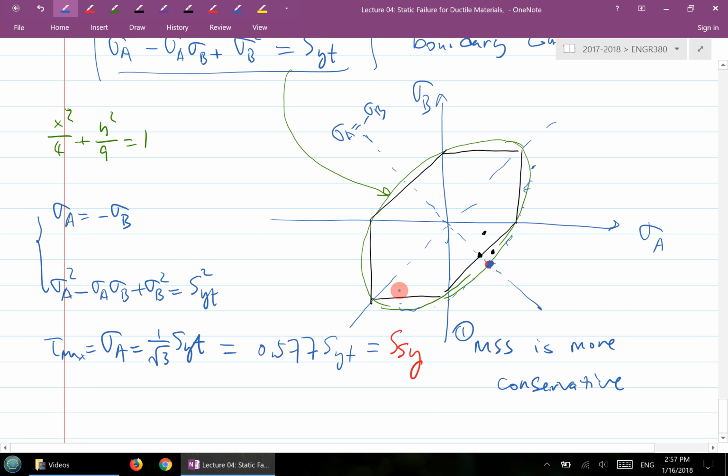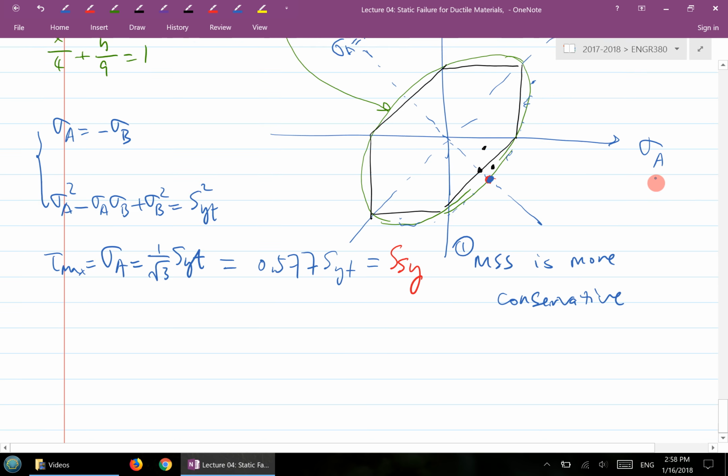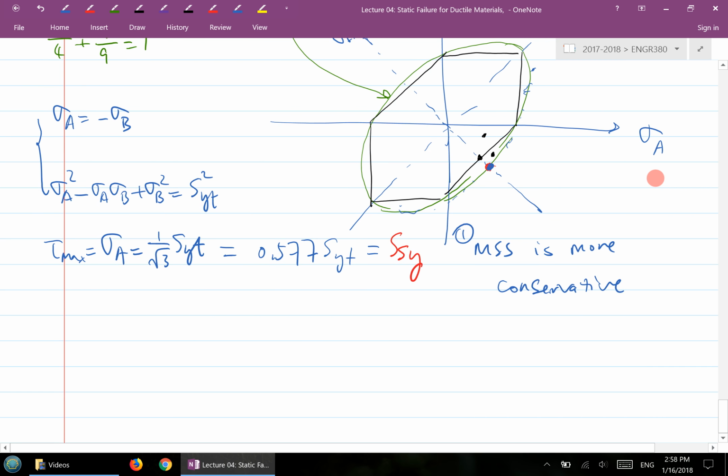So DE theory, in principle, is more accurate than the MSS theory. But of course, MSS theory is apparently more conservative, right? The DE is more accurate. Basically, the data points were mostly along the DE boundary line.